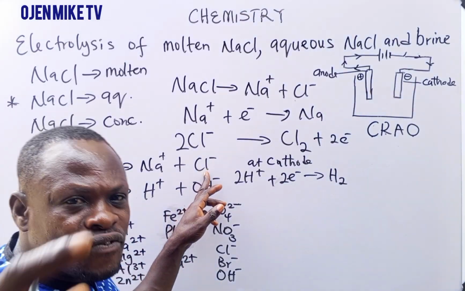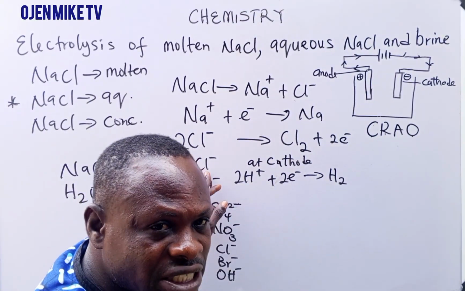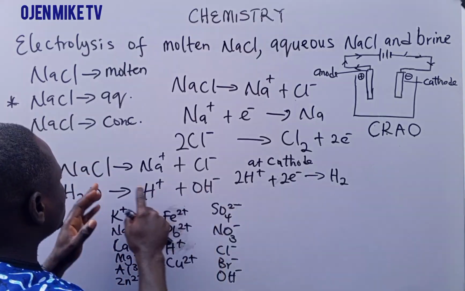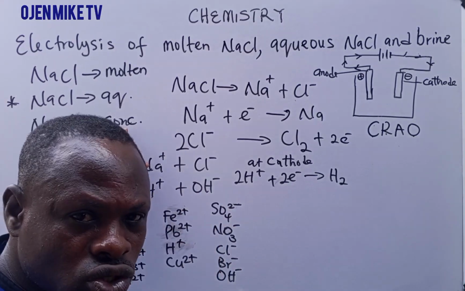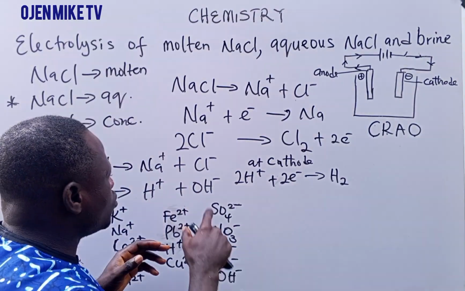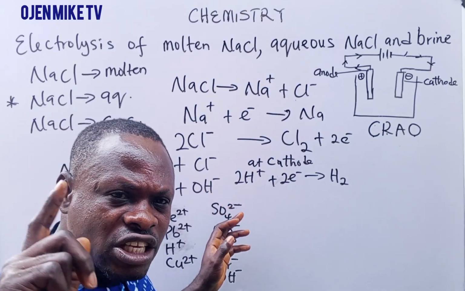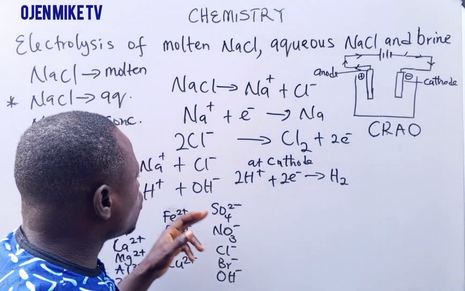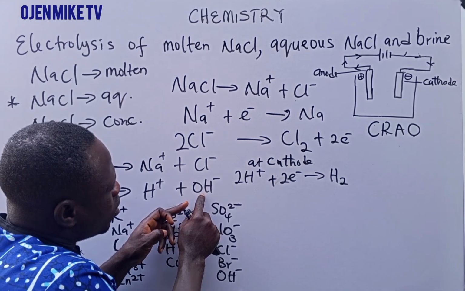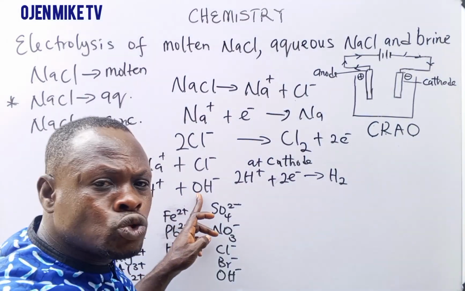Which one will be preferred to be discharged? Remember this one is dilute. Dilute means that the concentration is not high. So chlorine and hydroxide ion, which one would be preferred?